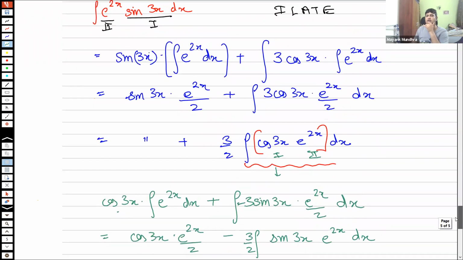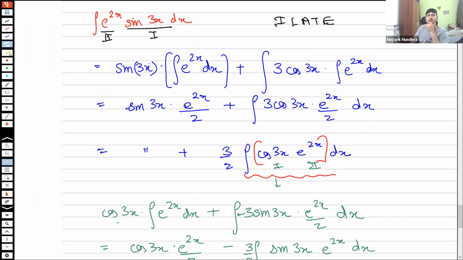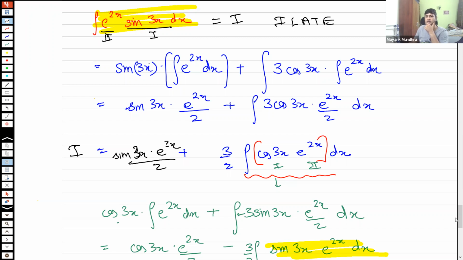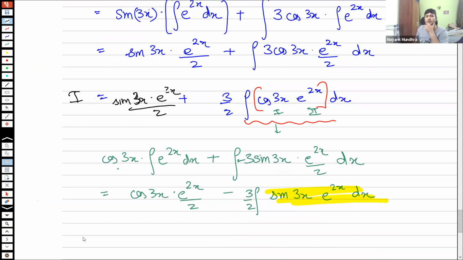Now notice that these two things are the same. So what I can do is call this integration I. So basically I is equal to this thing, which is sine 3x into e to power 2x by 2 plus this thing. And then this thing becomes equal to this.